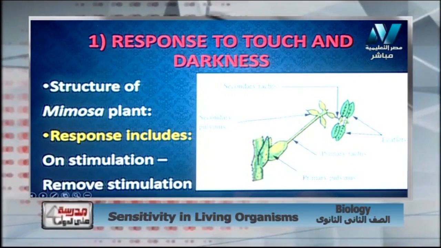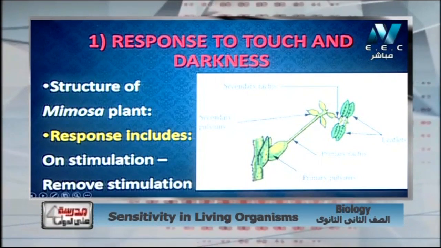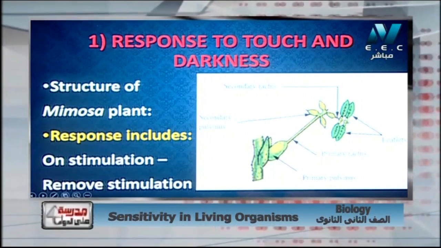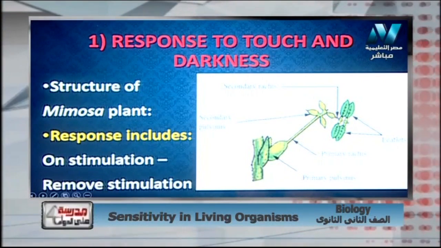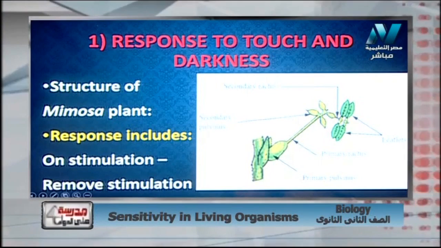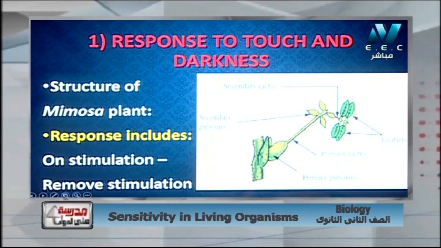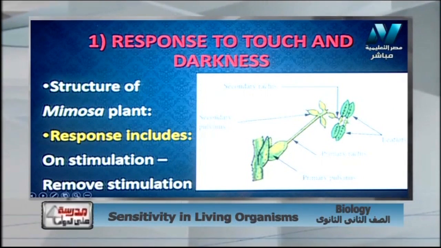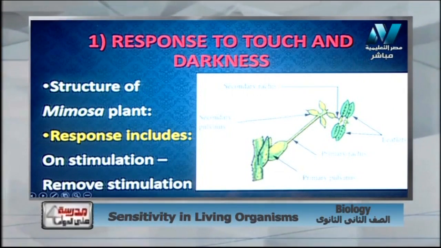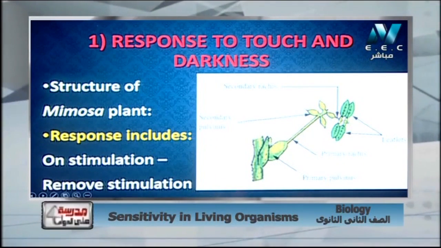Each branch contains two leaves, and each leaf is composed of leaflets. And you can notice in the drawing the secondary pulvini and tertiary pulvini. So the pulvinus is the swollen part at the base of each part of this leaf, and this pulvinus acts as a joint.